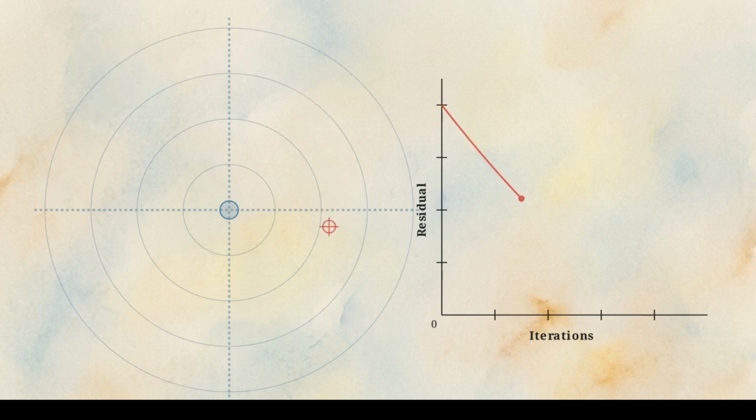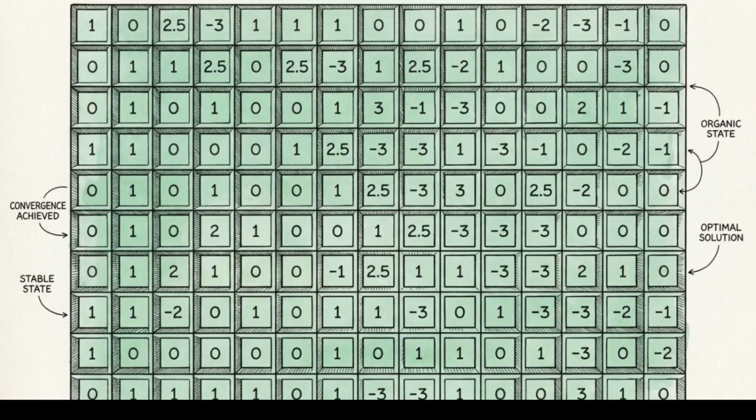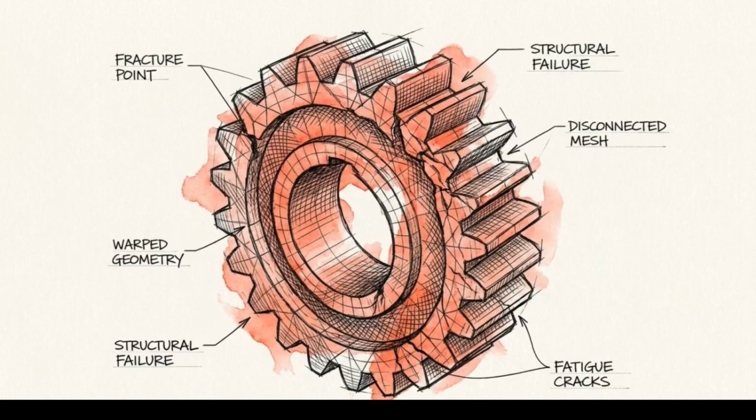The algorithm checks its initial guess against the matrix, updates those numbers, and repeats the loop millions of times. The algorithm continuously refines its guess until the margin of error drops below a specific threshold. When the guesses get close enough to the true answer, the software accepts it, a state known as convergence. But if the original mesh was drawn poorly, or the physical geometry is highly irregular, the iterative guesses will fail to settle.